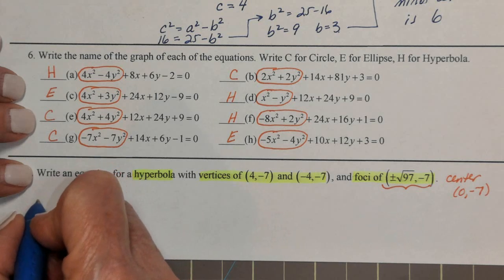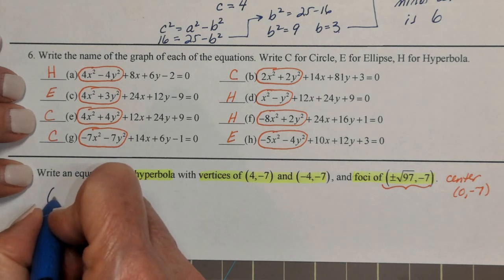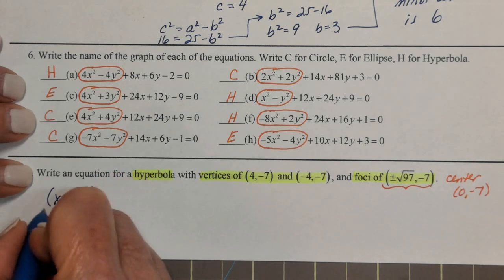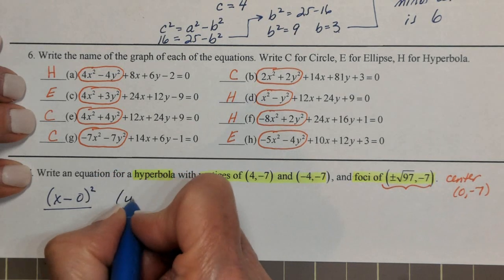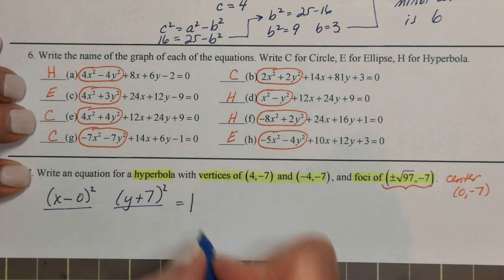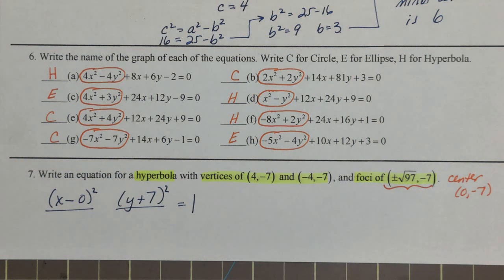I can say x minus 0 squared over something and y minus a -7 squared over something is equal to 1. Which one gets the minus? Which one gets the positive? Well, the foci are in the x direction, so it is positive.